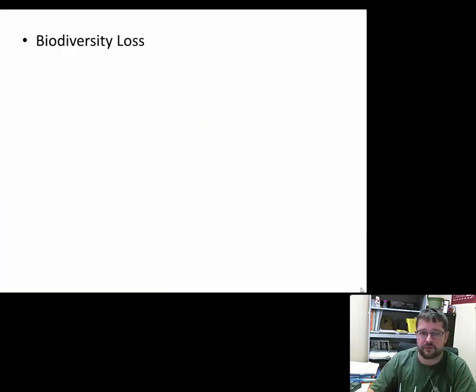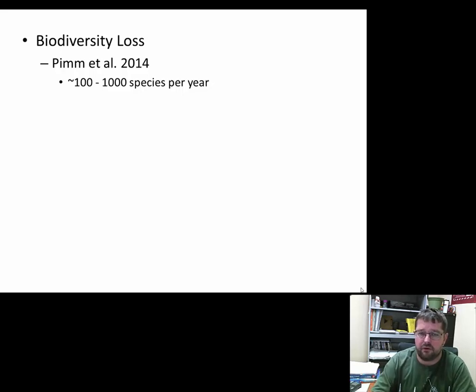Biodiversity loss. In 2014, Pimm et al. wrote a paper about species loss on this planet and estimated, though it really depends on the region, that every single year we lose between 100 and 1,000 species.